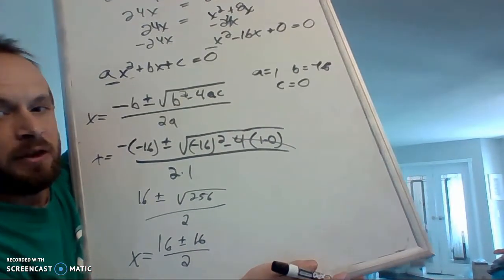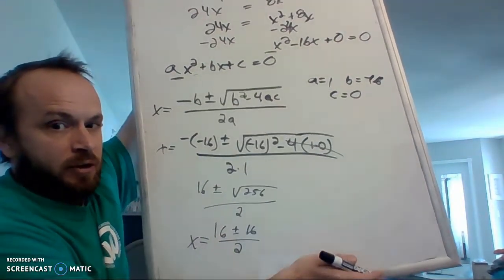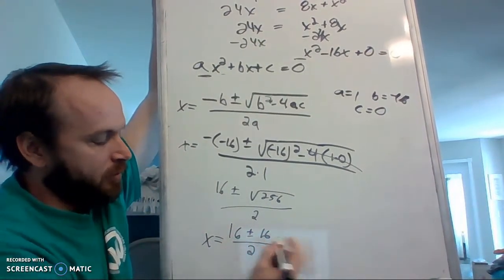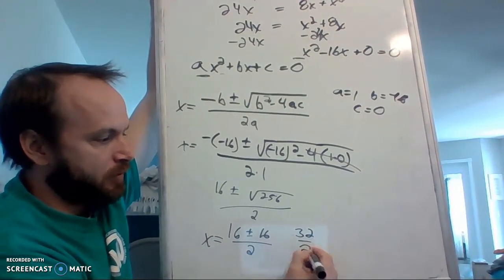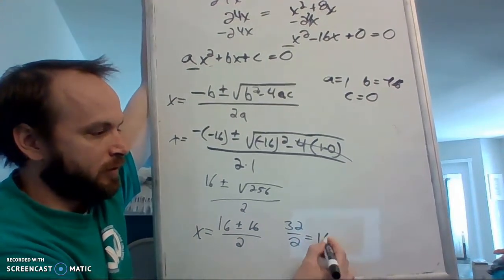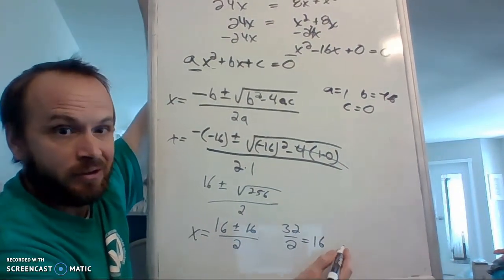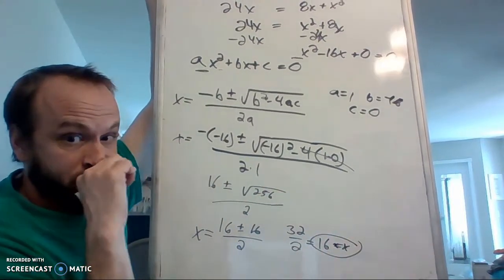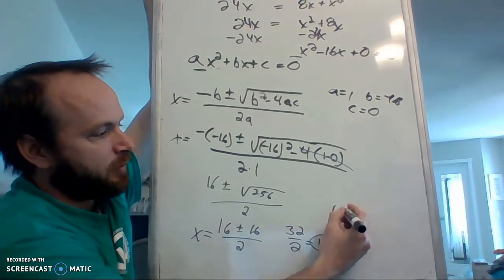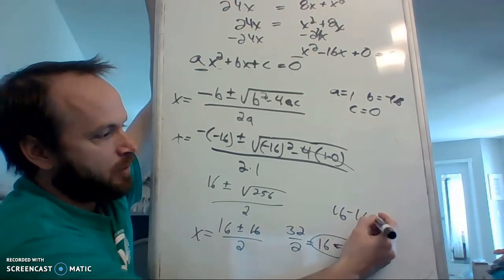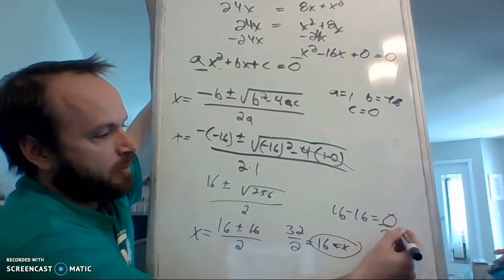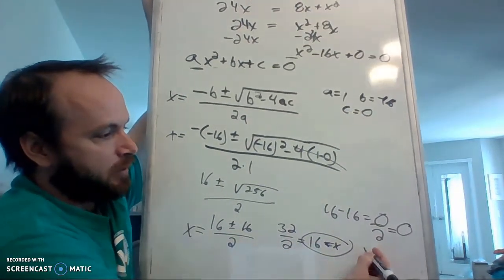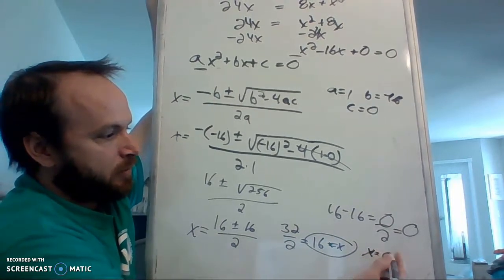So we got two different things to look at here: 16 plus 16 and 16 minus 16. 16 plus 16 is 32 over 2, so one of our solutions is plain old 16. Lots of 16s going on. The other one is if we took 16 minus 16 and we'd get 0 over 2. Well, 0 divided by 2 is 0. So our other solution is x could equal 0.